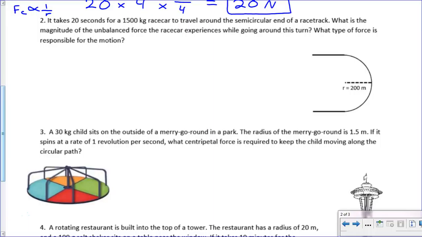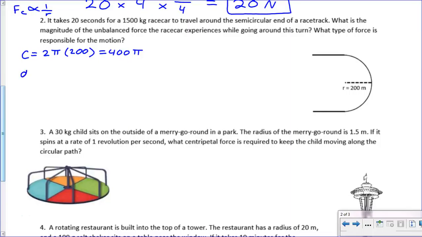We've been given some information here. We know the radius is 200 meters. The first thing you have to think is, if the circumference of this circle is 2 pi r, that's 2 pi times the radius, which is 200. Then we get 400 pi for the circumference. Now, we didn't go around the entire thing, we just went around half of the circle.